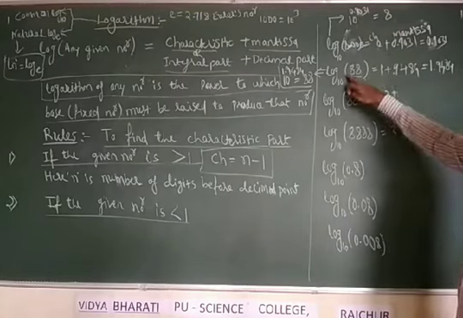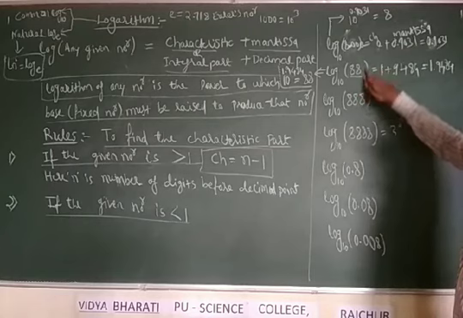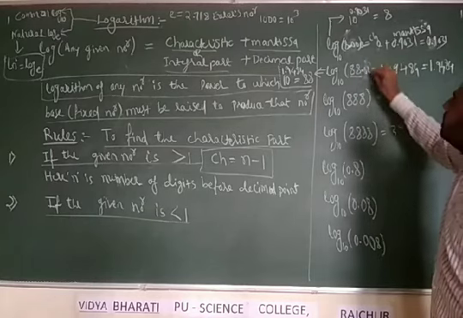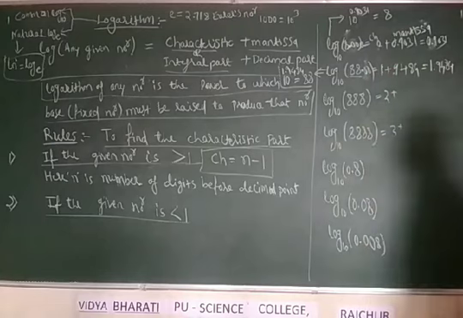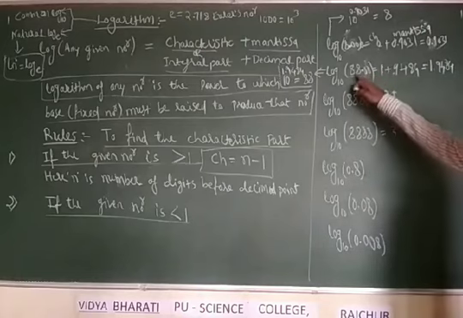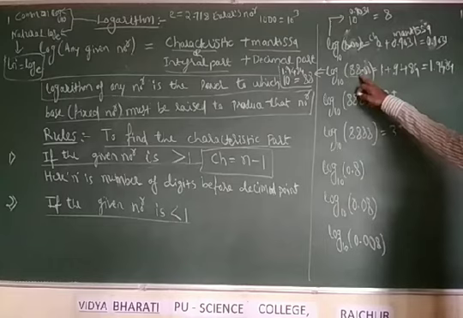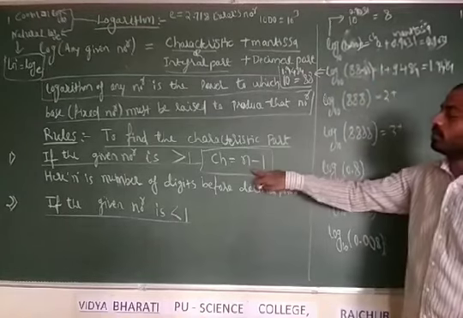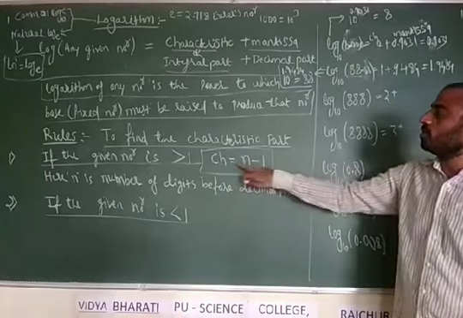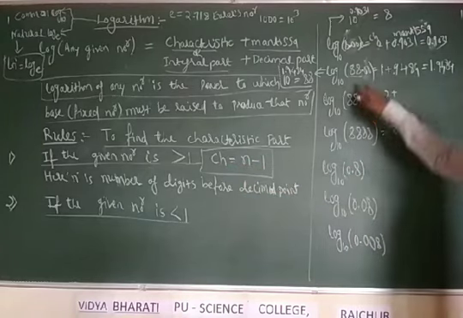Now while finding the characteristic of 88, again I write this 88 as 88.00. Nothing is going to change its value. See that number? 88 is greater than 1. Then how to find its characteristic? Follow this rule. If the given number is greater than 1, its characteristic is equal to n minus 1.